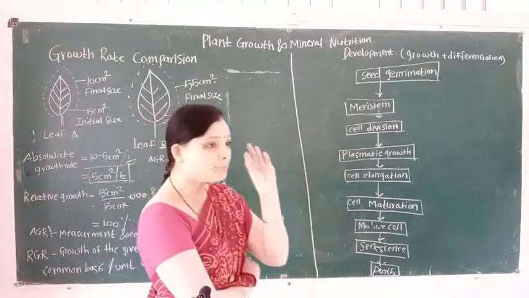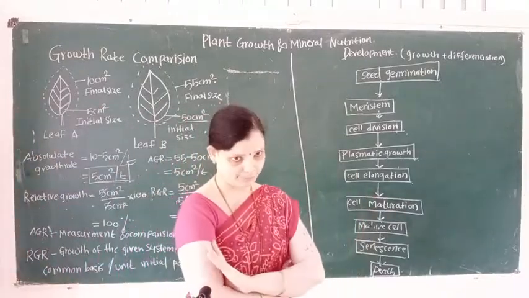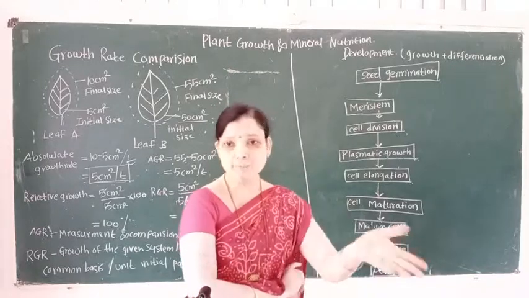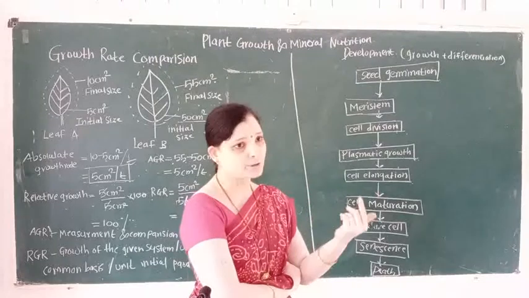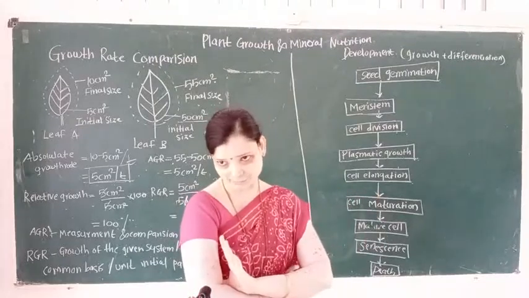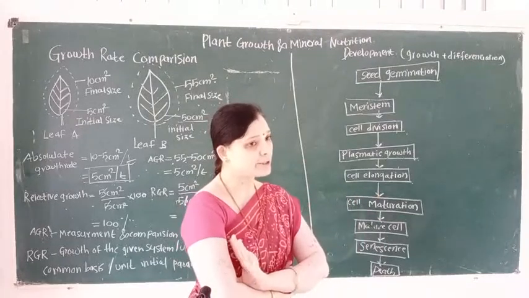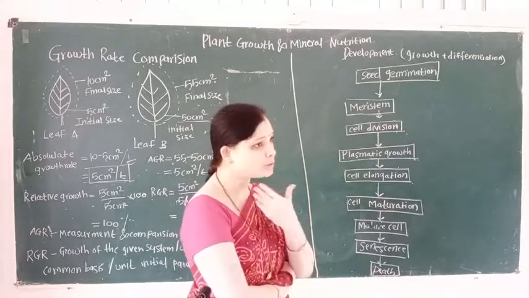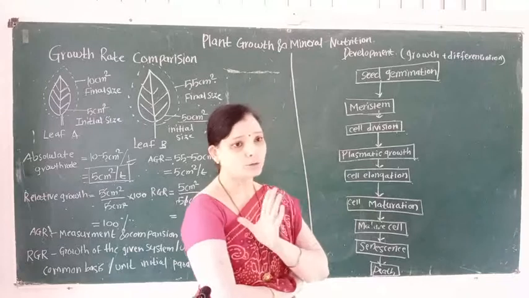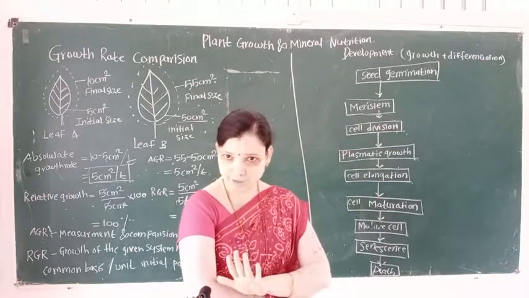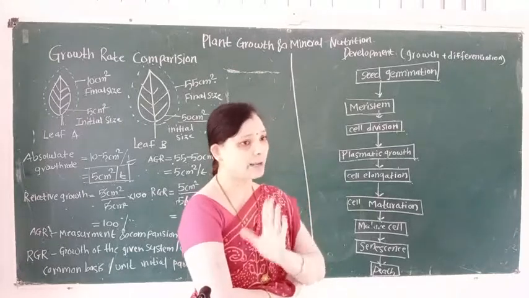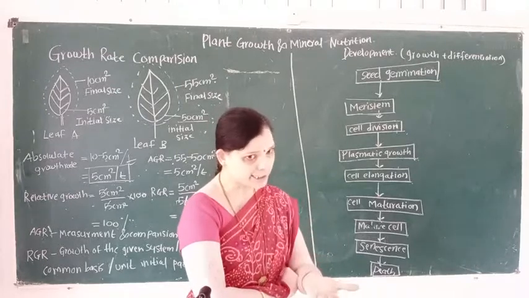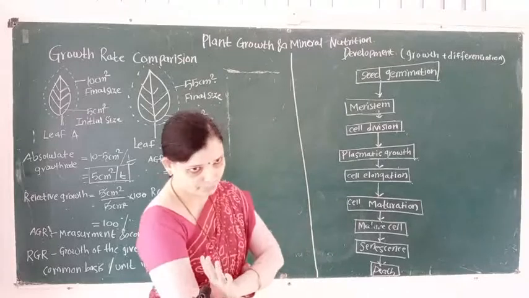What is the meaning of differentiation? Differentiation takes place after the process of cell division. When meristematic tissue undergoes cell division, the newly formed daughter cells become permanent and lose the ability of cell division, and then they differentiate and mature.